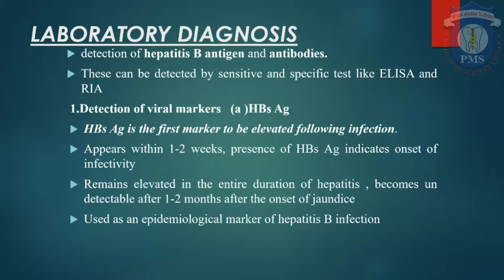This hepatitis B surface antigen is used as an epidemiological marker of hepatitis B infection. So the first viral marker detected during hepatitis B infection is HBs antigen, otherwise called hepatitis B surface antigen.